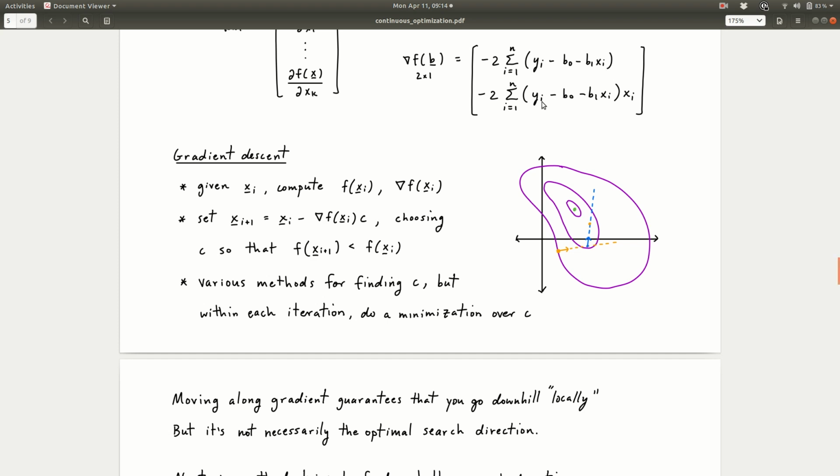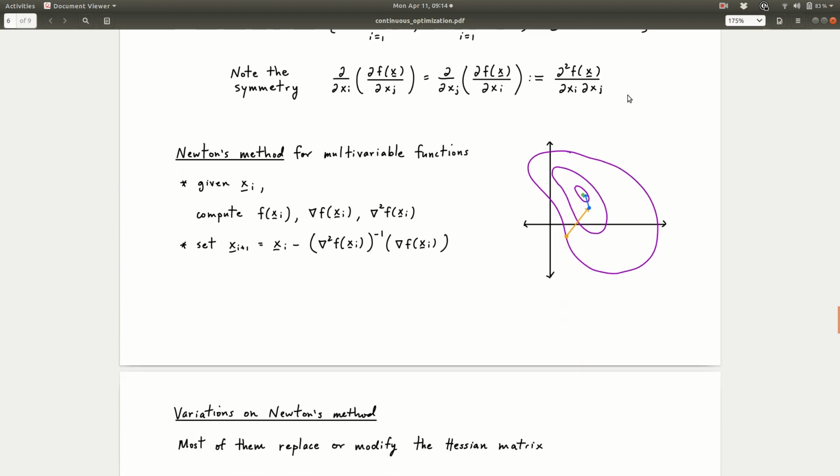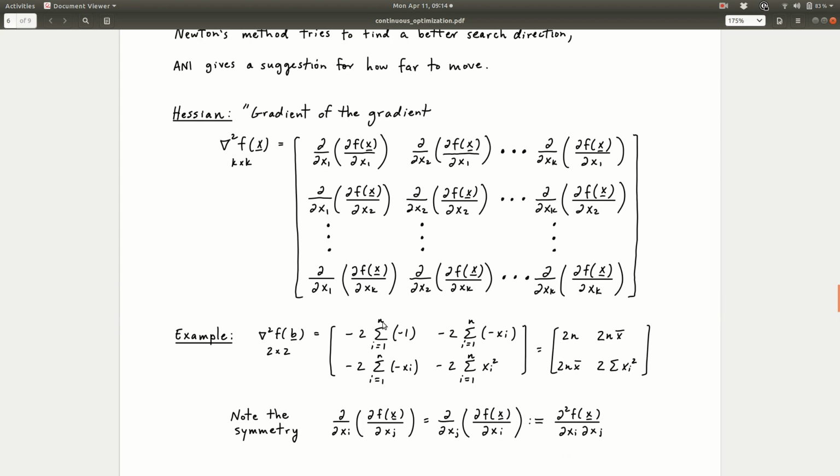Take the derivative here with respect to b0, you're going to get a minus 1 in here, but you're left with the x. And if you take the derivative of this with respect to b1, you're going to get a minus x times x. Okay, so that's this here. That's the minus 1, the minus x, and the x squared.